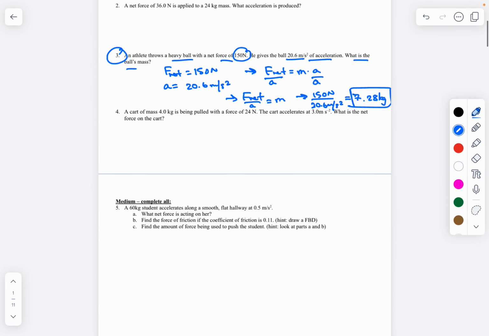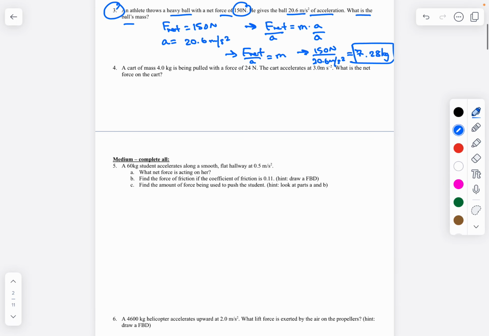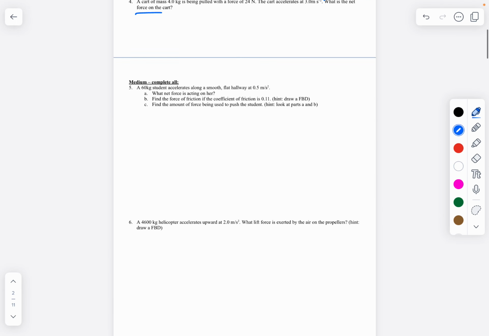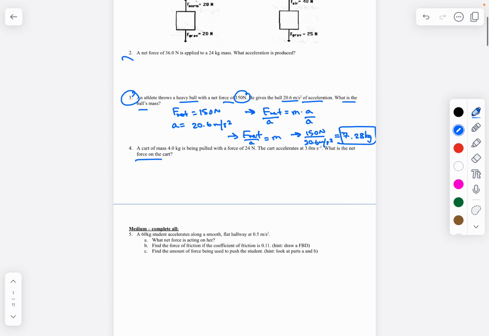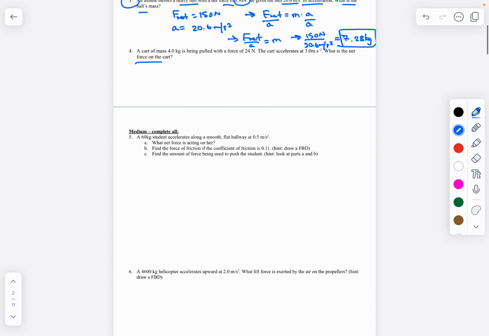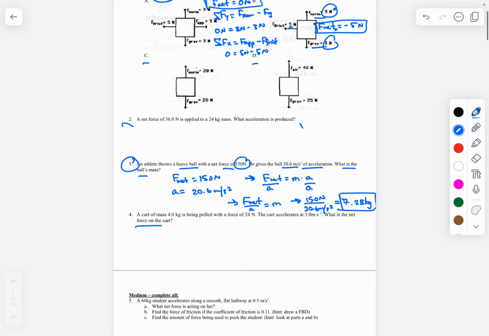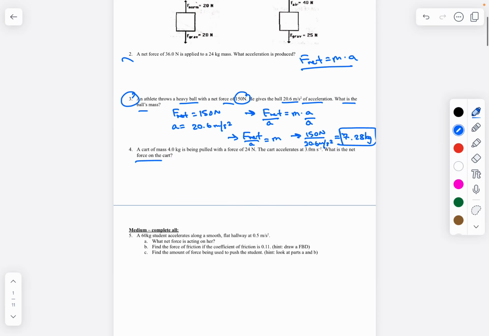Then I'll have you try number 4 and number 2, which are basically the same problem, where you just use the F net equals m times a equation. So this is the equation you're thinking about.